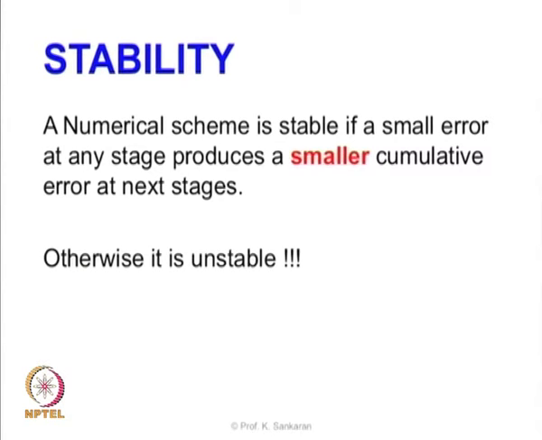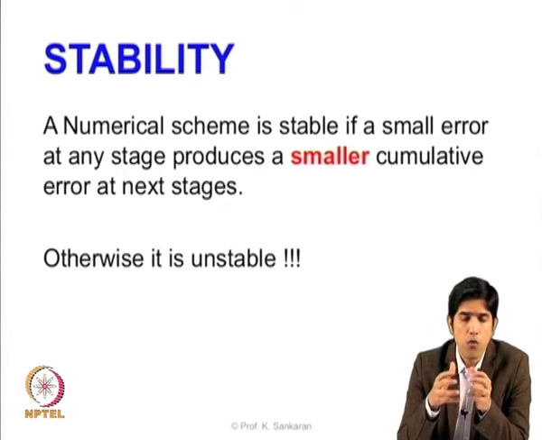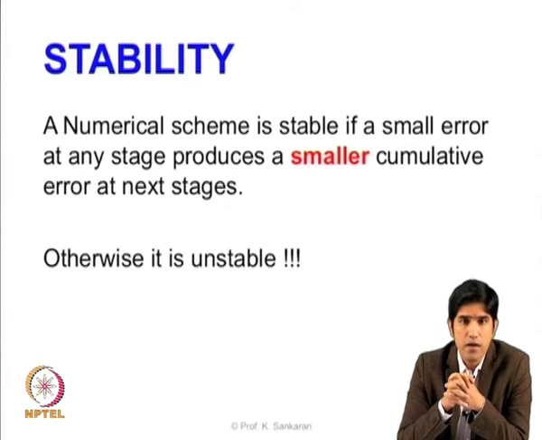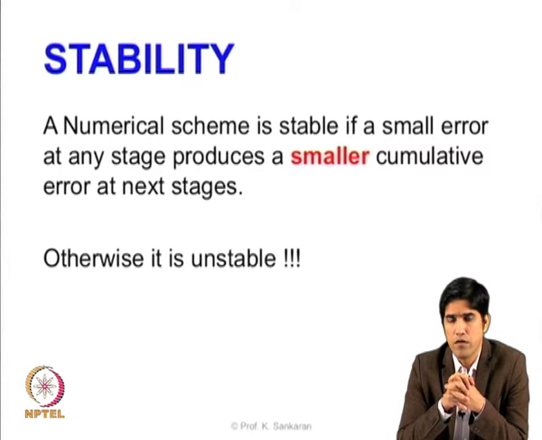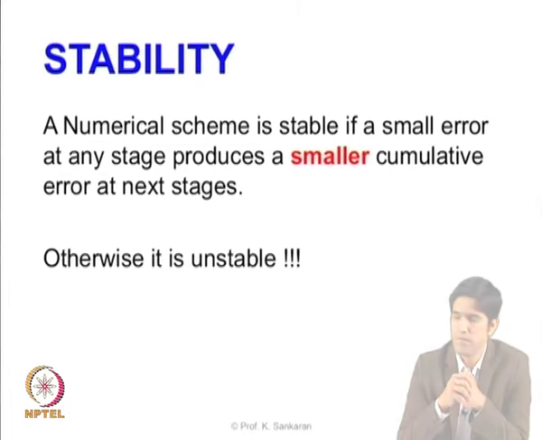Let's say we wanted to know how one can compute the stability, or at least how one can get a physical or a mathematical sense of knowing what method is stable or what method is not stable. For that, let's do a simple mathematical analysis, and we will see how this analysis helps us know the stability of the method.